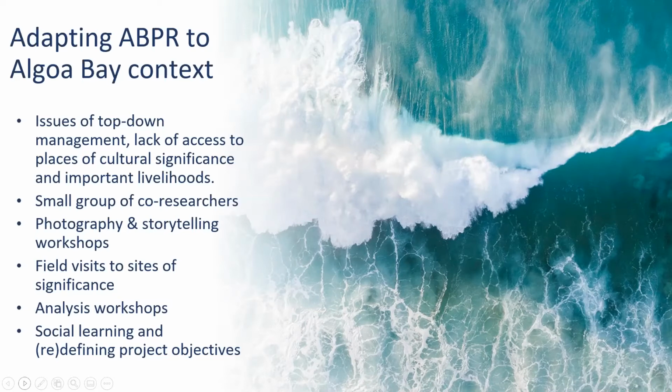We also include analysis workshops with arts-based participatory research experts, but also where the co-researchers continue to take part in shaping the project from beginning to end, and therefore also take an active part in the analysis of the results and the photos and the stories that come out of the process.